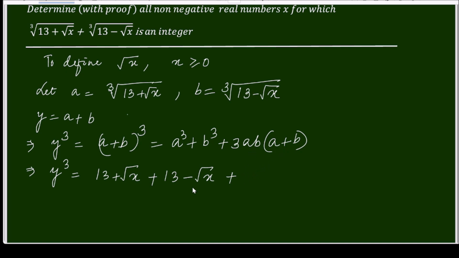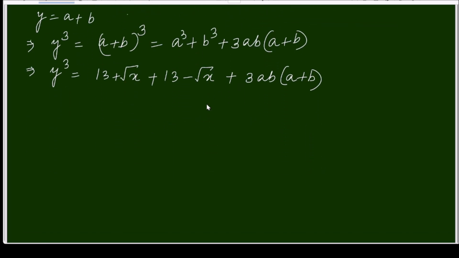A cube plus b cube I am getting 26. For the time being, I am writing just 3ab into a plus b. Now these two will be cancelled. So y cube equals 26 plus 3ab into a plus b.